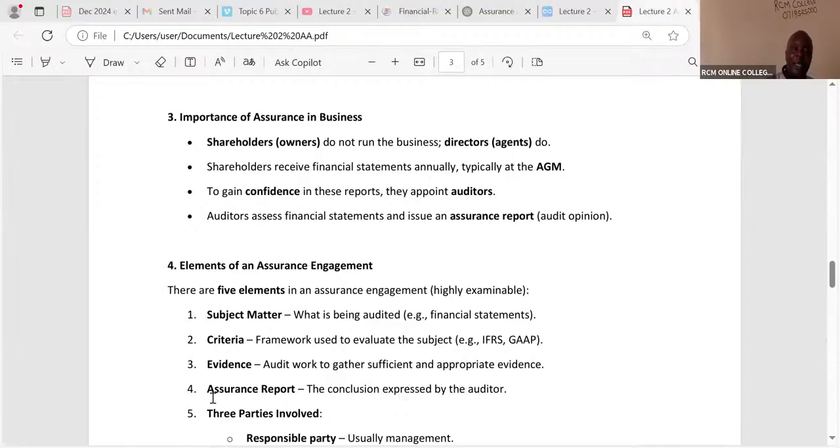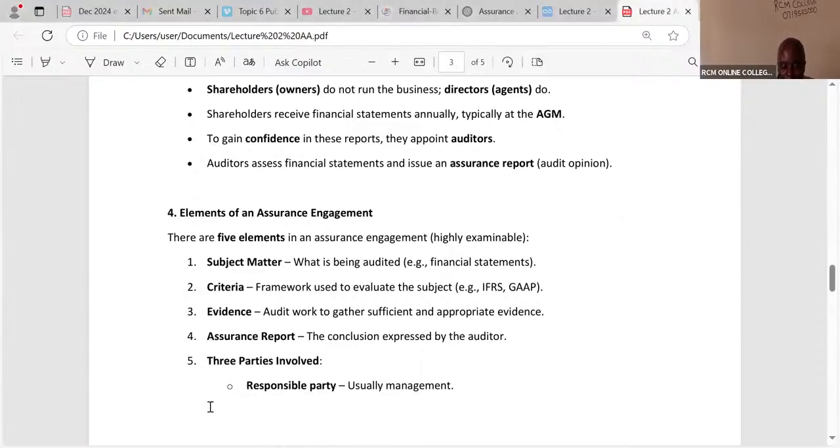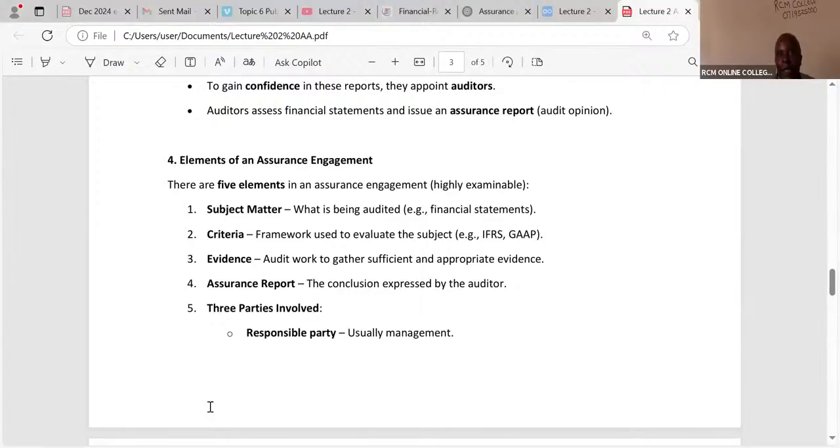And then lastly, we have the concept of tripartite. Tripartite, 3 parties. So 3 parties must always be involved. Number 1, we have the party that is responsible for making these financial statements, the directors, or what we are calling the management.